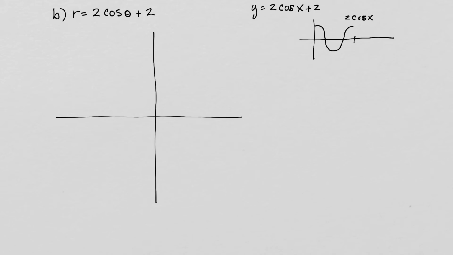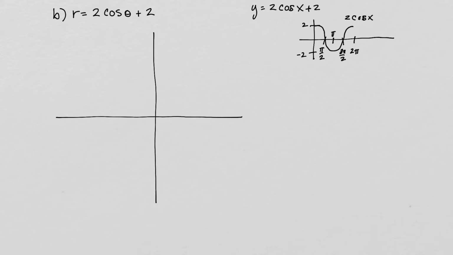So 2 cosine theta or 2 cosine x looks like this, right? Similar to what we just did. The amplitude would be 2 and minus 2. The period would be 2 pi. Half of 2 pi is pi. Half of pi is pi over 2. So I have 1 pi over 2, 2 pi over 2s, 3 pi over 2s.